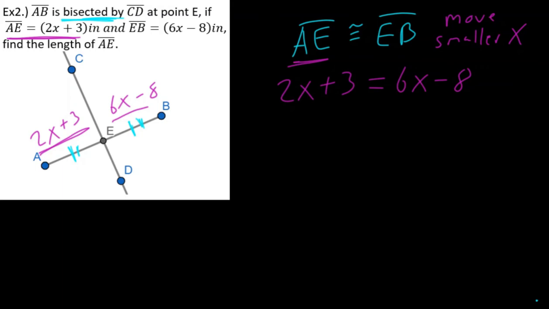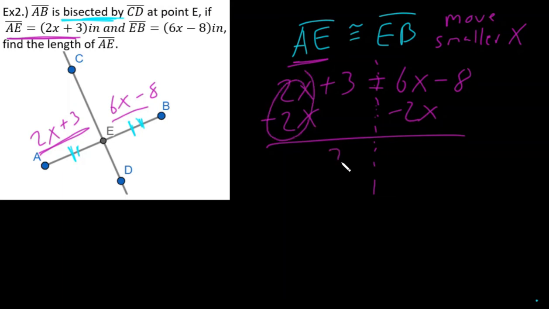So let's take a look. What's the smaller x, the 2x or the 6x? 2x, of course. And how do we get rid of a positive 2x? Well, minus 2x. And remember, you can draw this little dotted line through the equal sign if you must. And we put the minus 2x. We always line our x's up with our x's and our constants up with our constants.